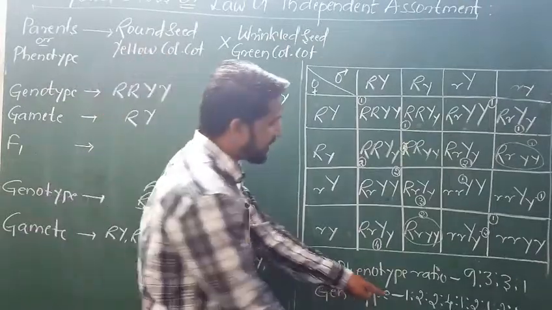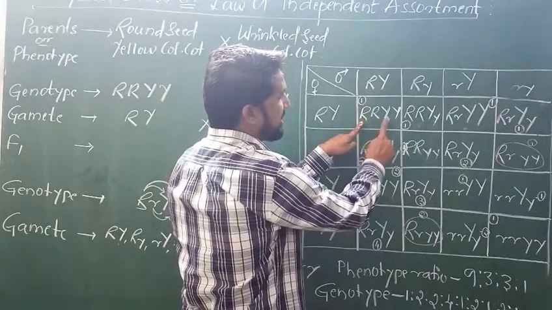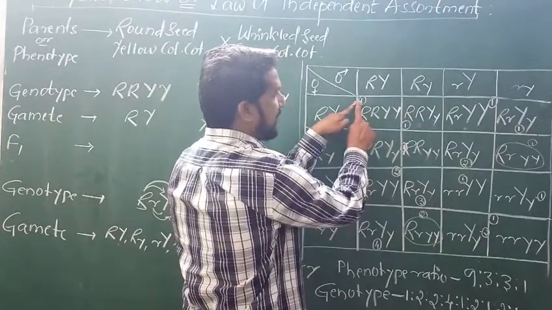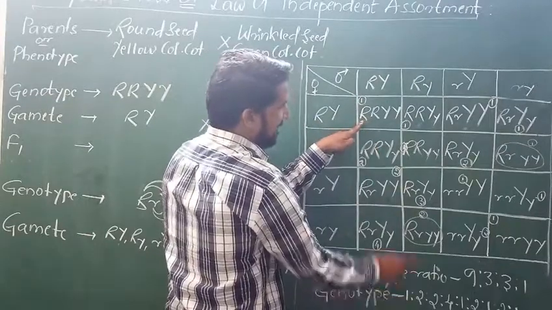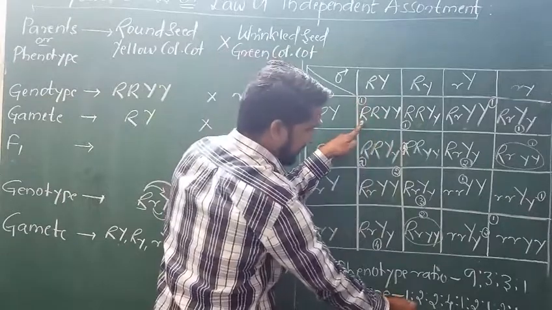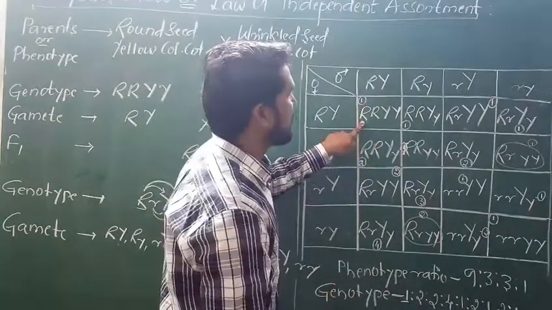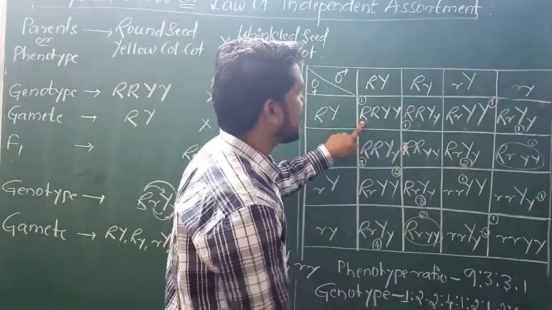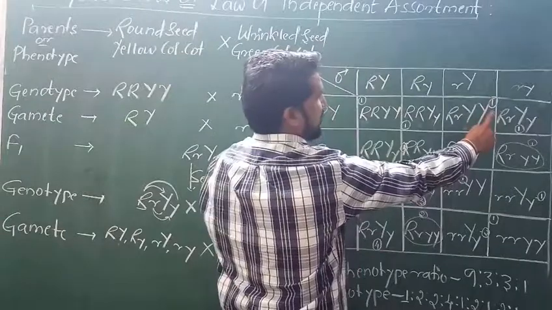What is this one? One is pure homozygous round and yellow color cotyledon. One I have made here, right? One plant of pure round and pure yellow color cotyledon. This is over now. Then the second one is here, the right side corner.